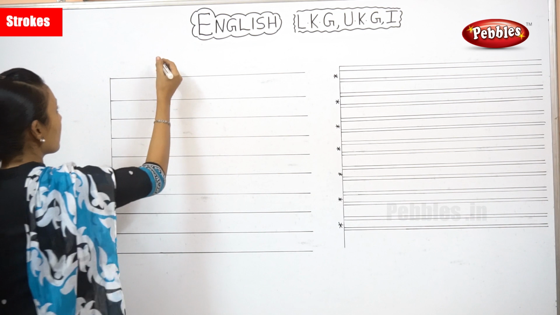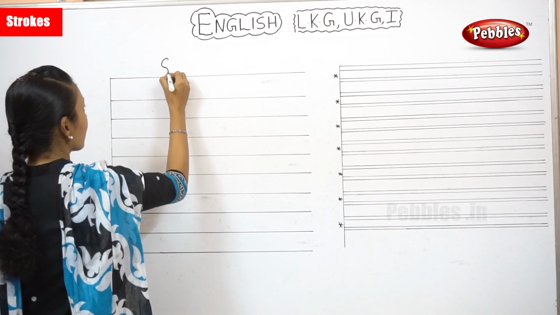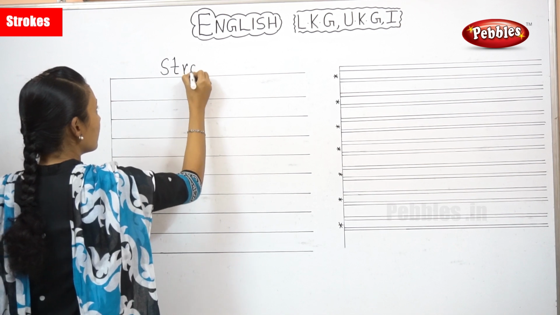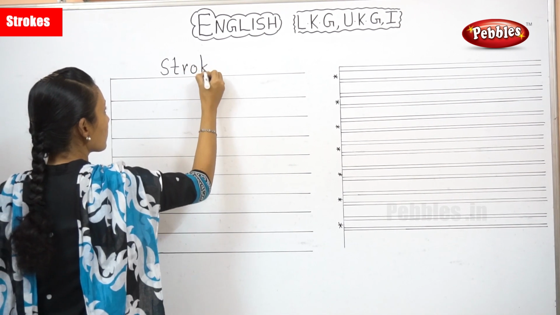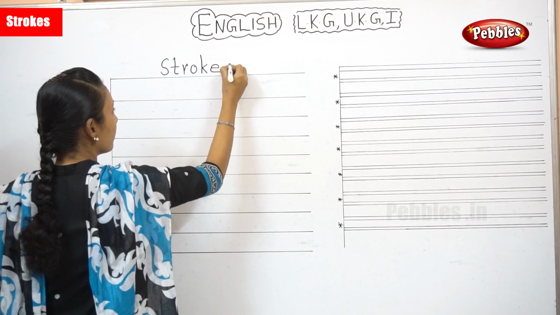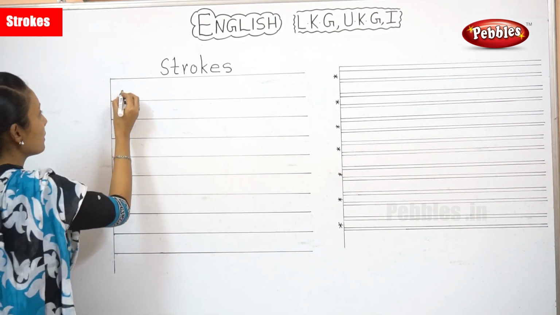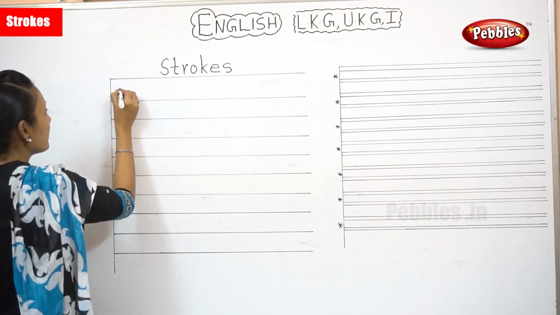So your strokes are these. Now your first stroke is your standing line.